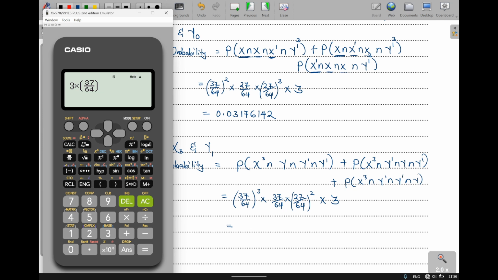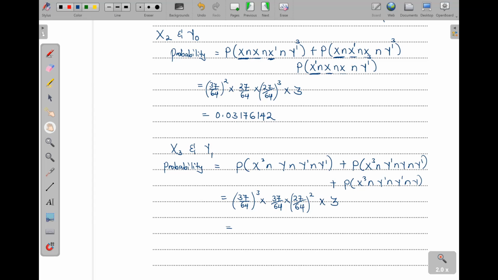Actually, this one I'm going to put it to the power of 4 because you can see there. And then next times, this is 27 out of 64, and this one is squared. So we get 0.059645, and the rest of those other figures.